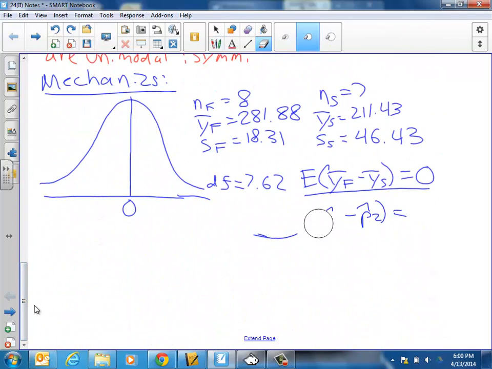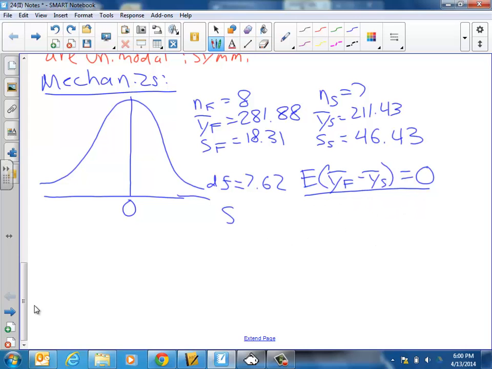Here, though, your standard error calculation, if you remember from how we built confidence intervals, looks like the following. The standard error of y bar sub f minus y bar sub s is equal to the square root of the sample standard deviation for friends squared over the sample size for friends, plus the sample standard deviation for strangers squared divided by the sample size for strangers.